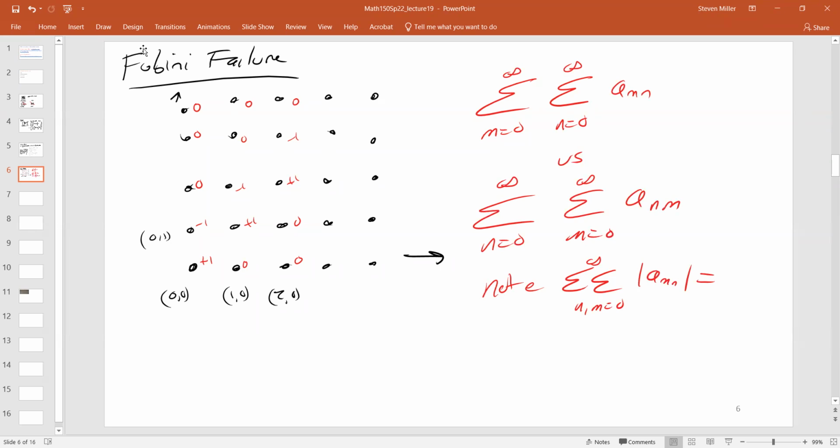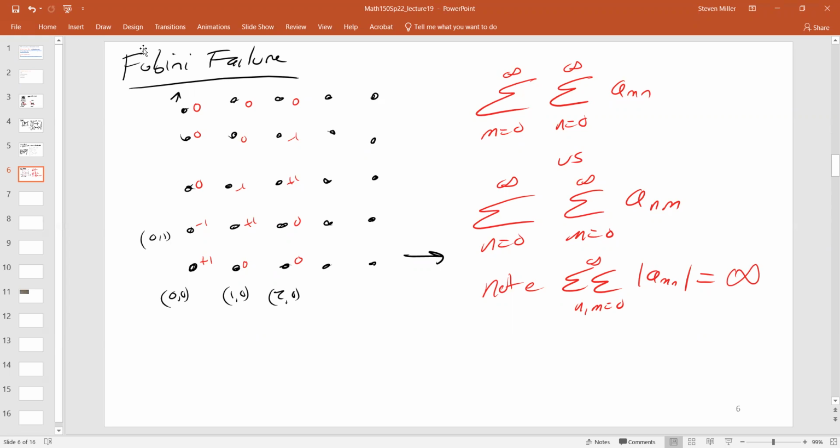So if I just sum the absolute values, what do I get? Not 0. I'm summing the absolute values. Infinity. Right? I have infinitely many terms that are 1. So this is an example where there's an infinity, and anytime you have an infinity in mathematics, that is a warning sign that you have to be careful.